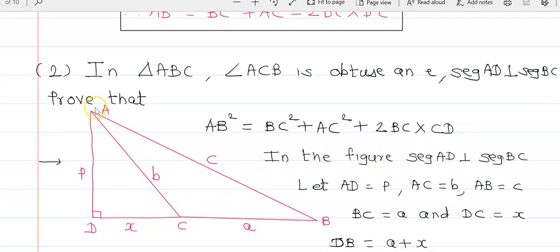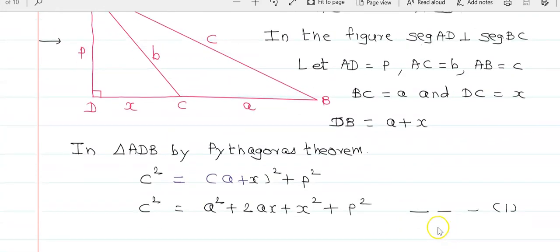Now in the figure, AD is perpendicular to BC, and let's suppose AD is equal to small p. Again the same thing, AC is small b, AB is small c, BC is small a, DC is small x, DB is equal to a plus x.